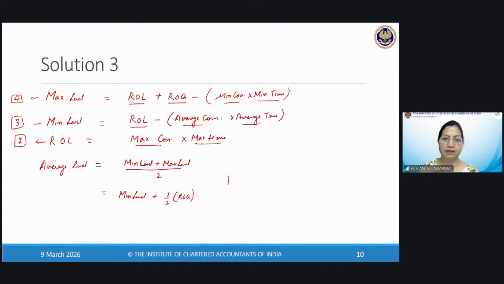And lastly, reorder level may have an alternate formula, which is safety stock plus average consumption into average time. So instead of being very conservative and going by maximum consumption into maximum time, you can also use safety stock plus average consumption into average time.